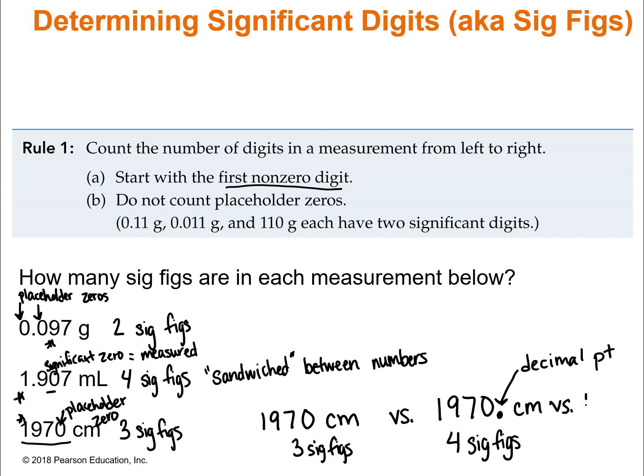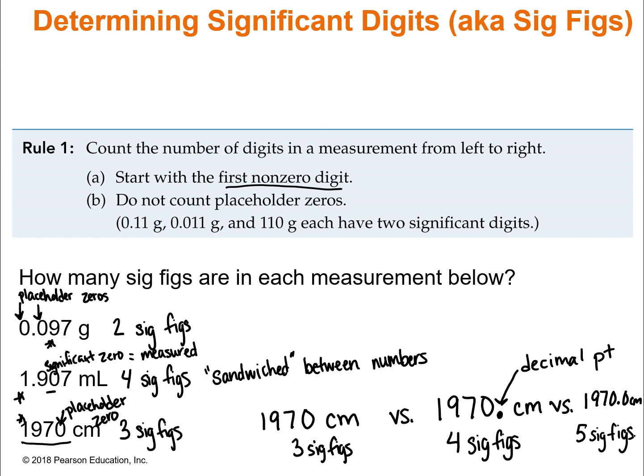Now let's add another complication, because these zeros will get you. Let's say I added another 0 after the decimal point. We'd be adding another significant figure. So I want you to see the difference between 3, 4, and 5 sig figs when it's the same number.